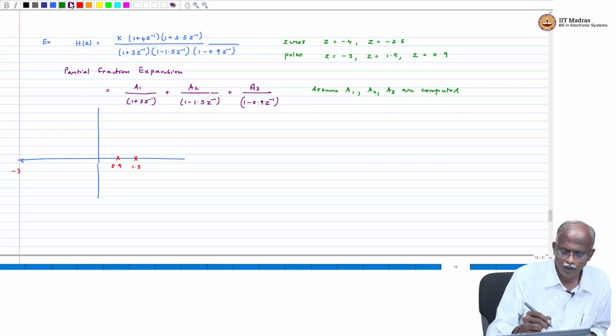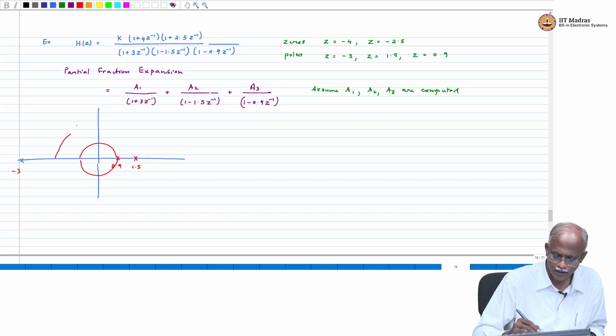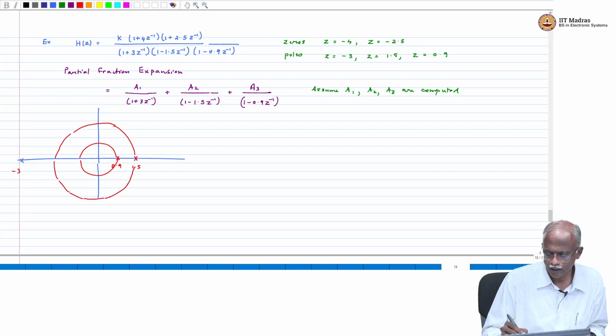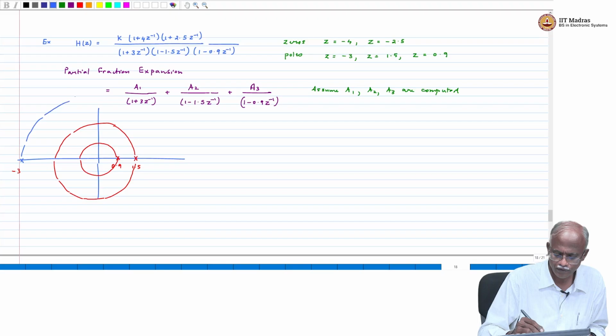It is always helpful if we can draw three circles. The first circle is the one that touches the first pole, then the second circle, and then the third circle, which has radius equal to 3.